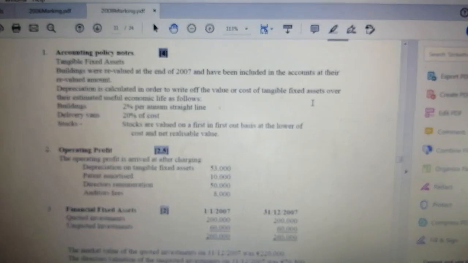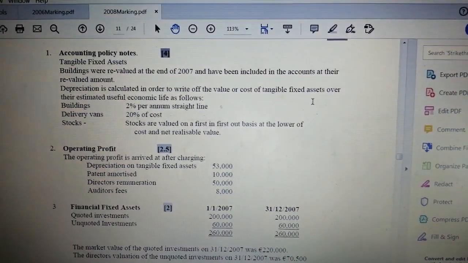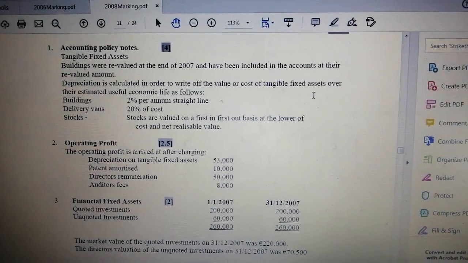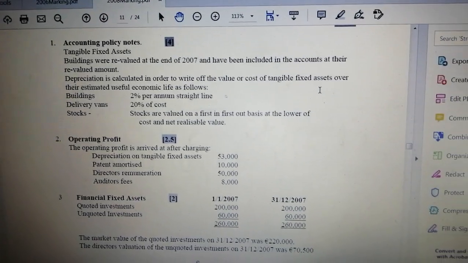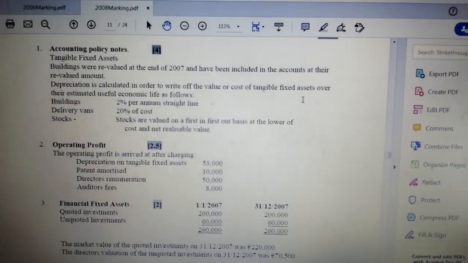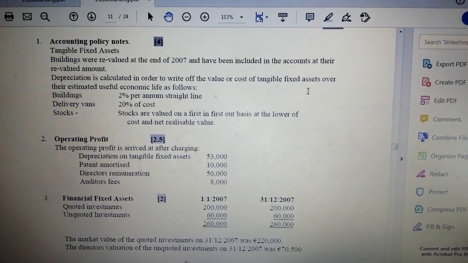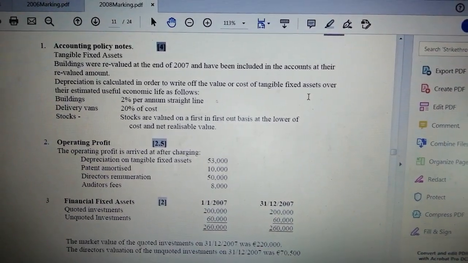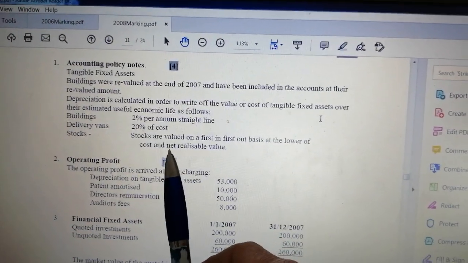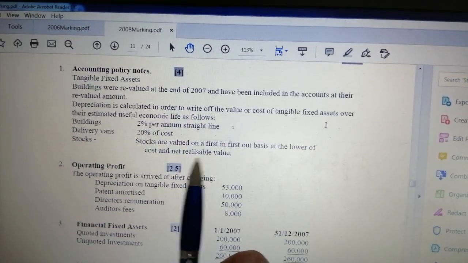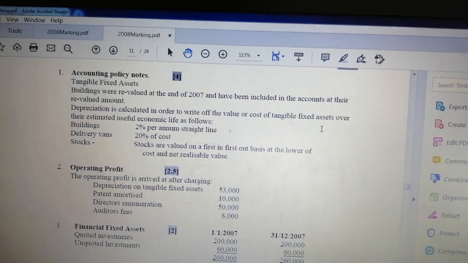However, if it turns out that those shoes were damaged in some way, they were on display maybe and they faded in a display window or something like that, and you could not even sell them for €20, the best you could hope to realize for them is €10, then the net realizable value, the net amount that you could sell them for, is €10.